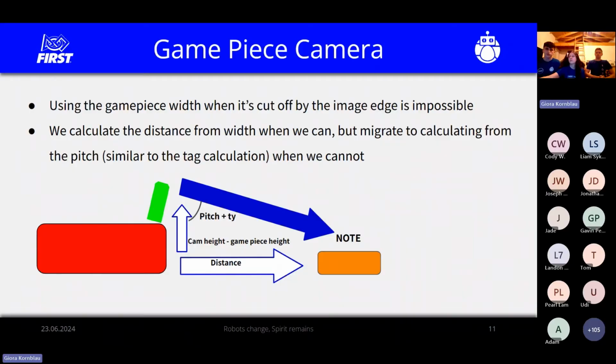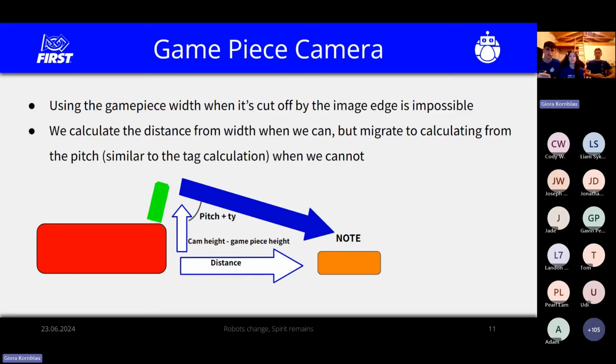But sometimes we can't use the last formula to calculate the distance to the game piece. It happens when we see that the game piece is cut off at one of the edges of the frame. So we are using the calculation based off of the height difference, which is a bit less robust, but it's better than just throwing away information that we can get.